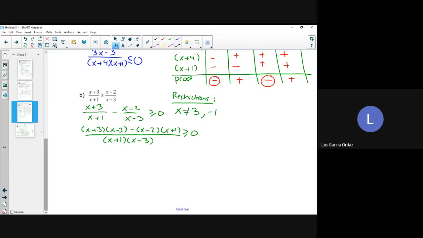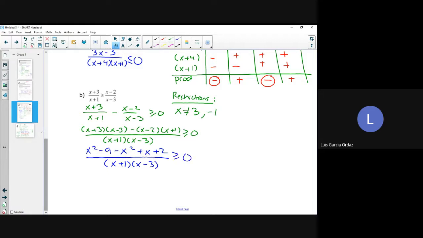So what we're left with is x squared minus 9 minus x squared plus x plus 2 over x plus 1 times x minus 3, all greater than or equal to 0.